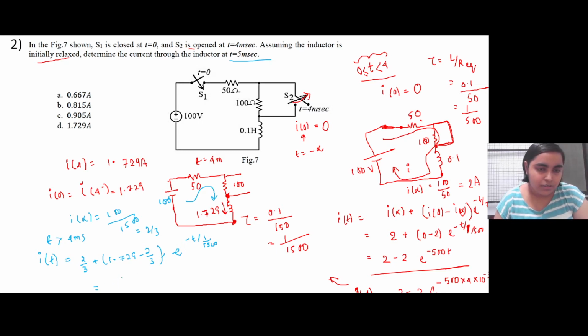It's just a straightforward calculation. So did you guys get the correct option?